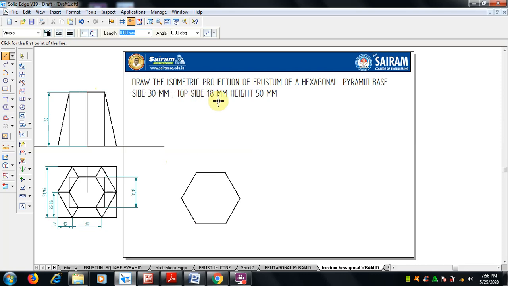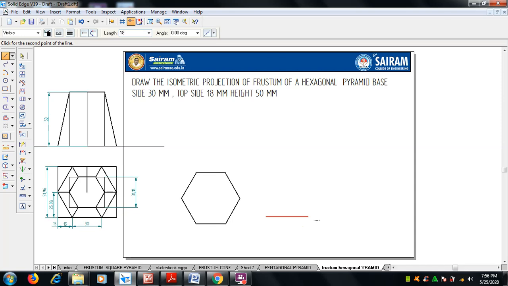Like that, make another one, where the top side is 18 mm. So you draw it separately here, no need to worry about it. It is just to understand how the top view will be, but for our drawing we have to draw separately.